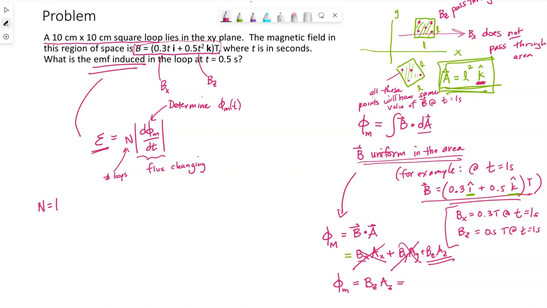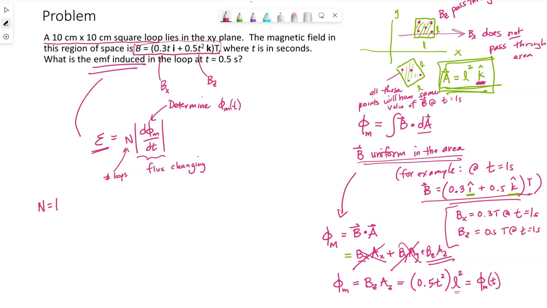So coming back to my equation given in the problem, the z component of this magnetic field is 0.5 t squared. The area vector is just the two sides squared, the 10 centimeters by 10 centimeters. So this describes how our magnetic flux is changing with time. L's not changing.